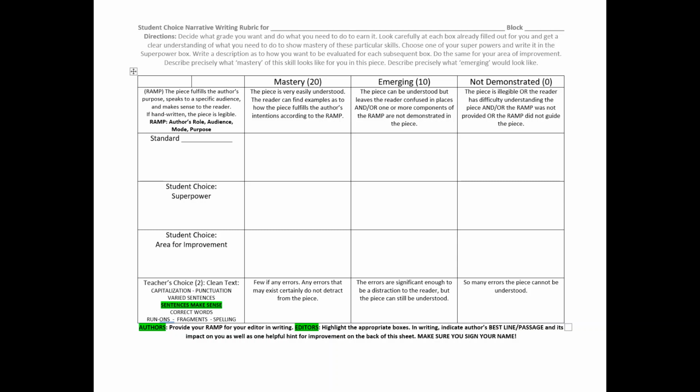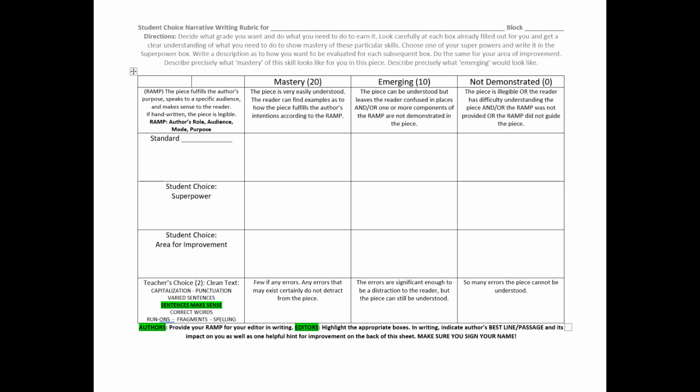Okay, here is a rubric that I use to assess narrative writing. The columns are pretty straightforward. You can see that there's mastery as opposed to emerging, as opposed to not demonstrated. Likewise, the first row across, also pretty self-explanatory in terms of author's purpose and the audience and the paper making sense. I'm always going to include that in any rubric.